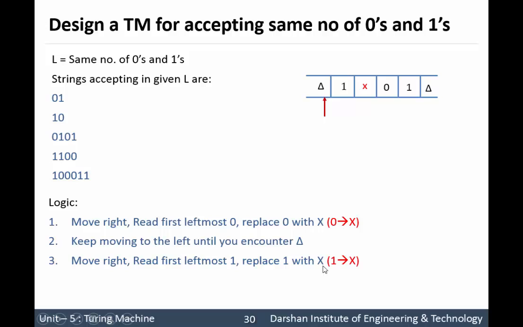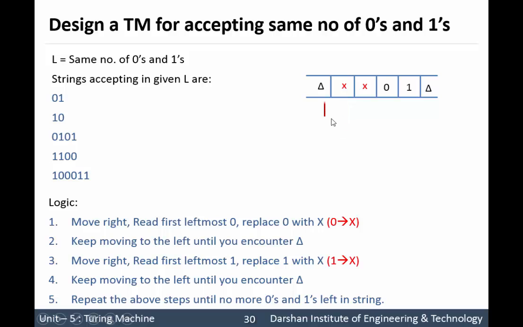Replace 1 with X. So start moving to the right direction and find the first leftmost 1. Here is our first leftmost 1, and convert this 1 into X. Again start moving to the left direction until you encounter the delta, and repeat the above steps until no more zeros and ones remain in the string.